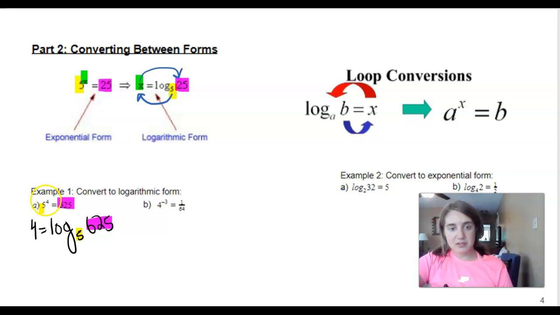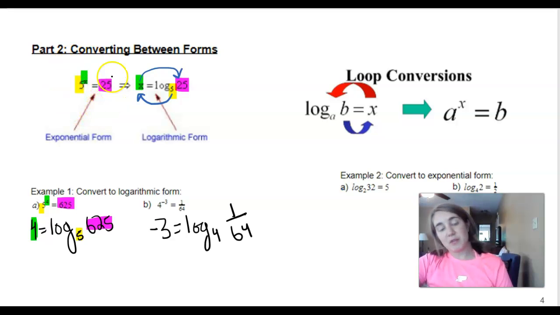And I did the same thing here. If you follow along with this, go ahead and try example 1, letter B on your own. We should get -3 equals log base 4 of 1 over 64. So that's how we go from exponential form to log form.